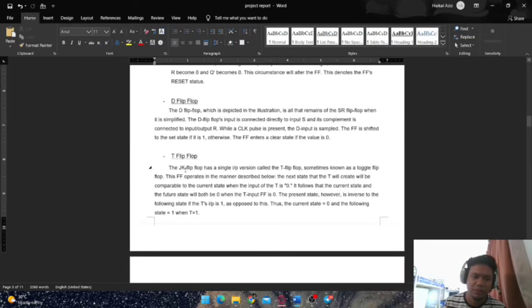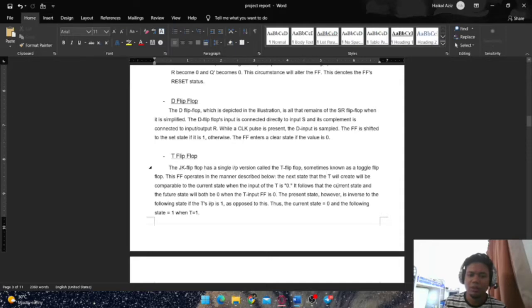T flip-flop. The JK flip-flop has a single-input version called the T flip-flop, sometimes known as a toggle flip-flop. This flip-flop operates in the manner described below. The next state that the T will create will be comparable to the current state when the input of the T is 0.